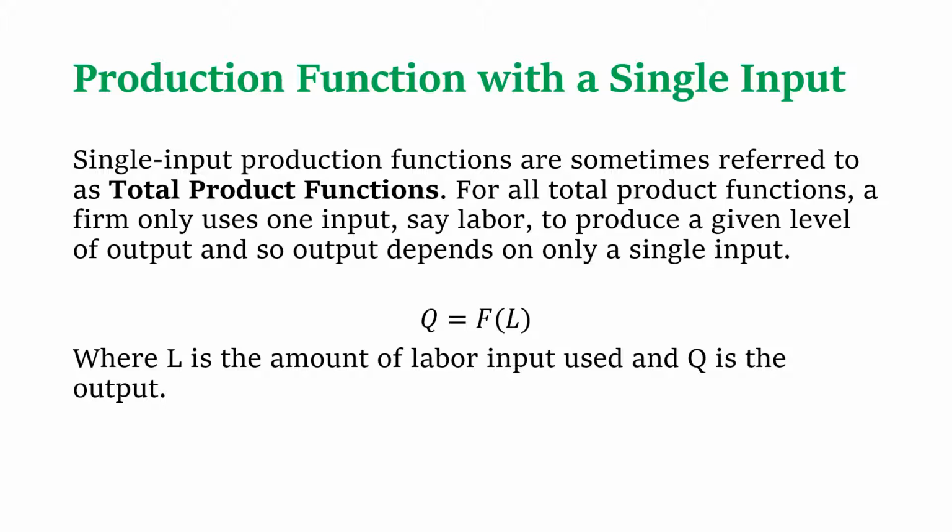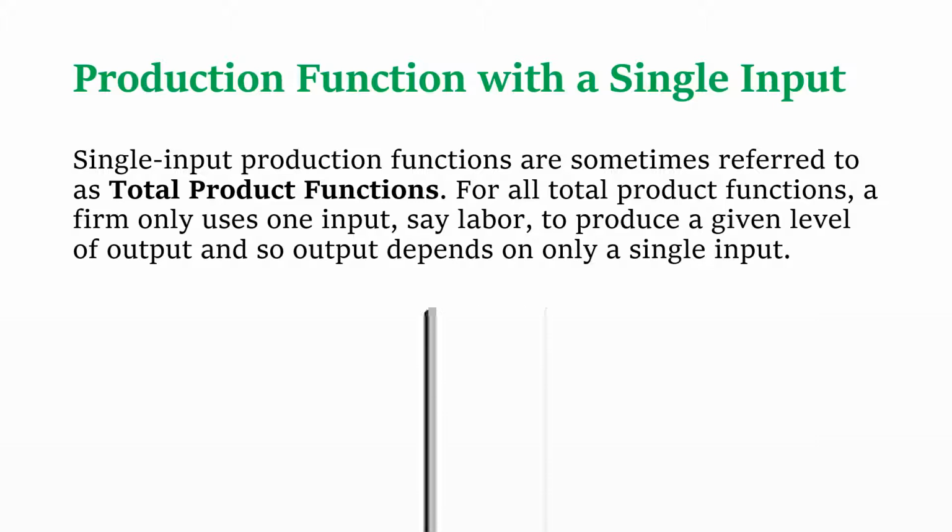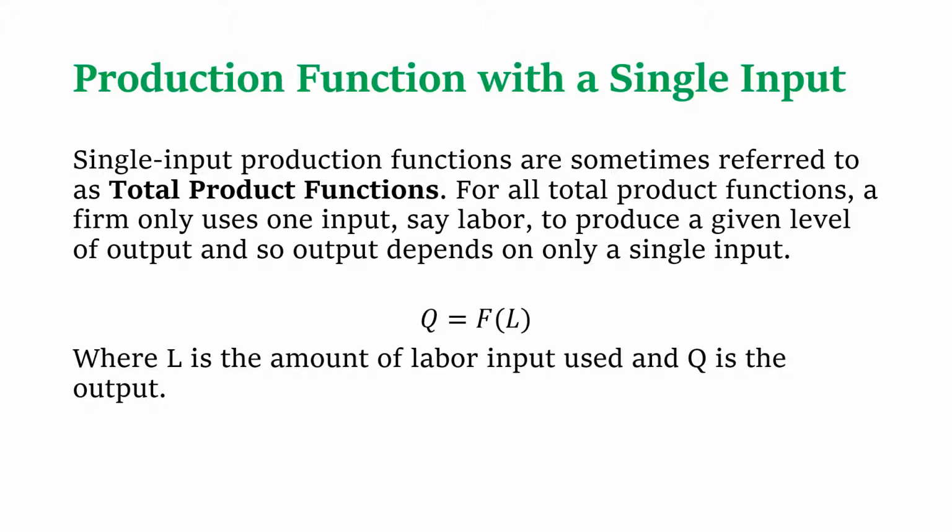So here we have only labor as the primary input of production. So factors like capital are not factored in to this particular equation. They are not included in this equation. So we assume that those factors of production are held constant.